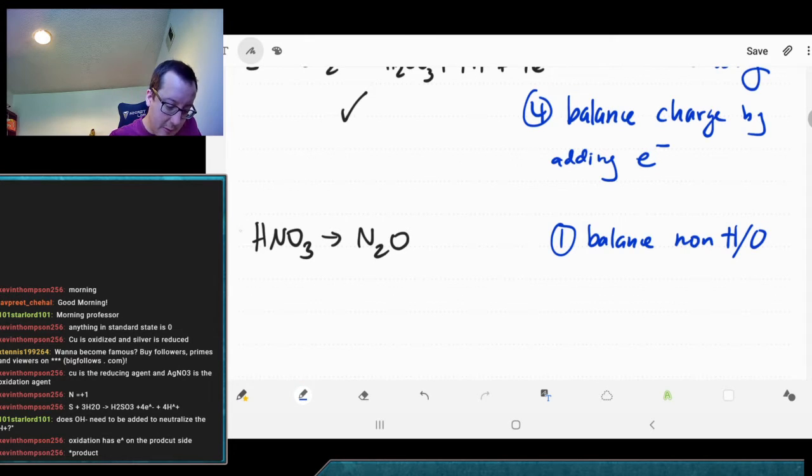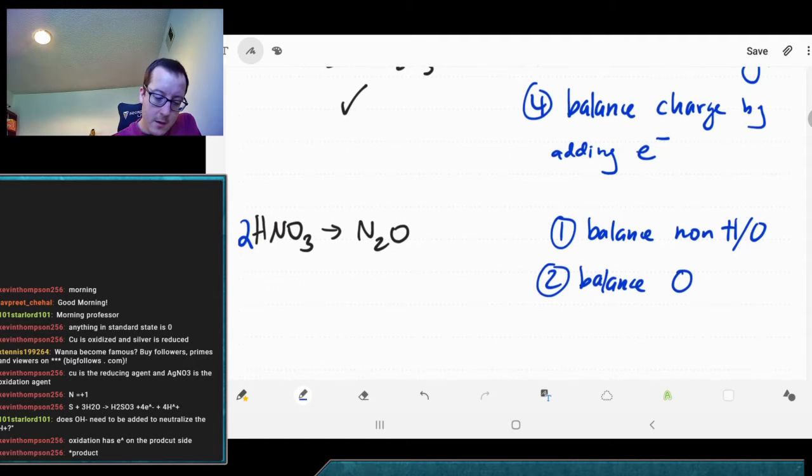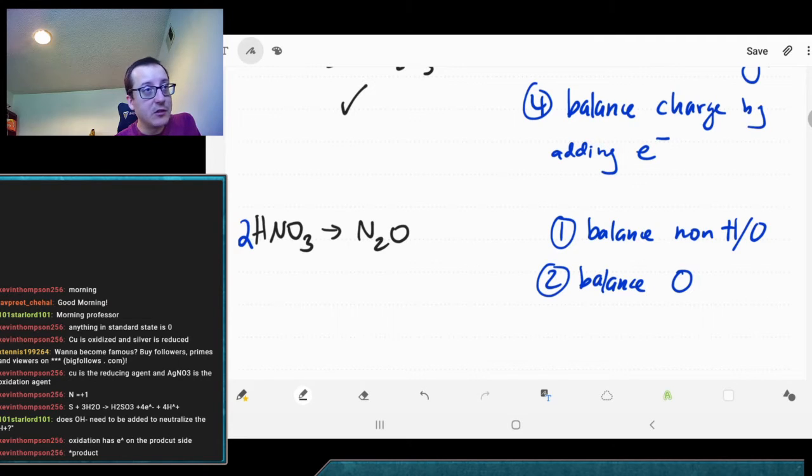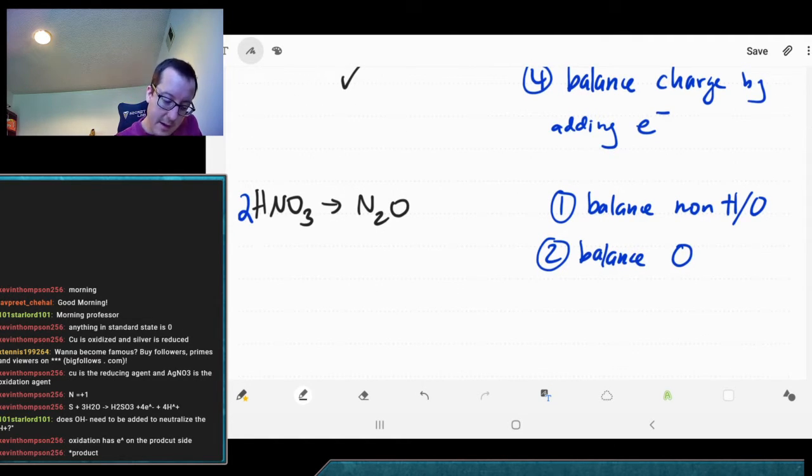So let's just go ahead and throw a 2 here. Step 2 is we're going to balance the oxygens. If we look here, we have 6 oxygens on the left, 1 on the right. So we're going to add 5 waters to the right side.